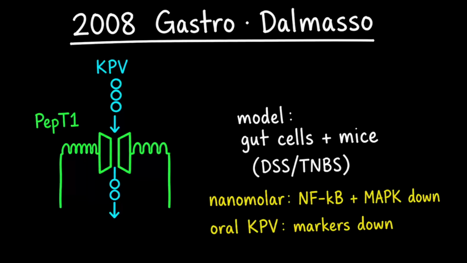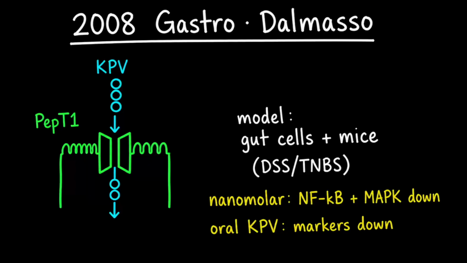And so their findings were that at nanomolar levels, KPV reduced NF-kappa B and MAPK activation, and it also lowered pro-inflammatory cytokine secretion. And the oral KPV reduced inflammatory markers in the mice measured by histology. This is something that's used in the experiments, as well as cytokine mRNA.